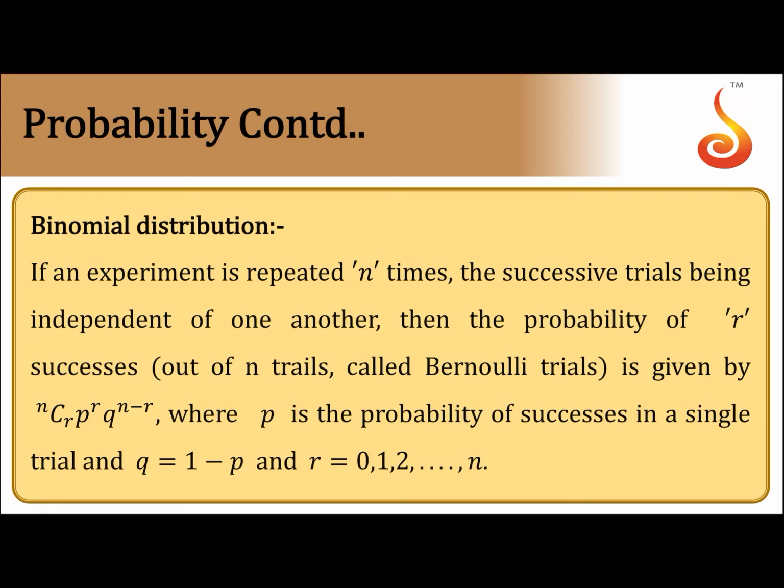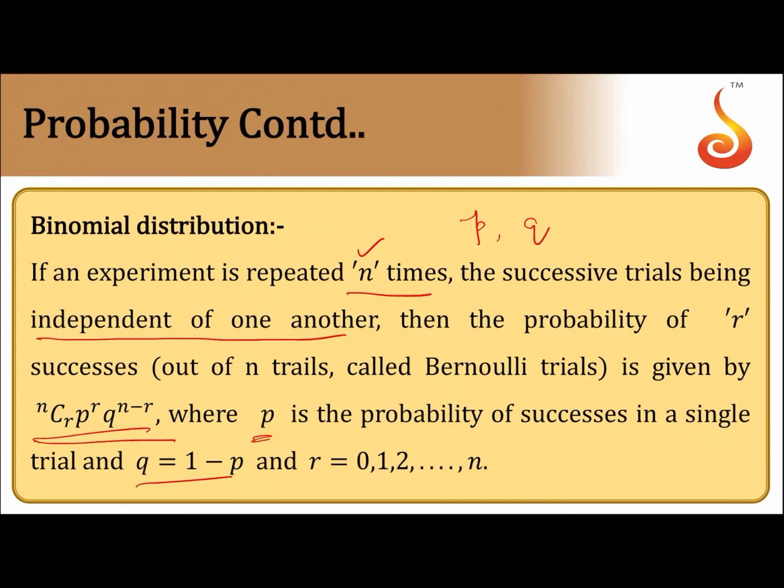The next one is about the binomial distribution. If an experiment consists of n trials, which are all independent trials, where n is a finite number, with the probability of success p and failure probability q, then the probability of r successes is given by nCr into p power r into q power n minus r. p is called the probability of success and q is equal to 1 minus p.